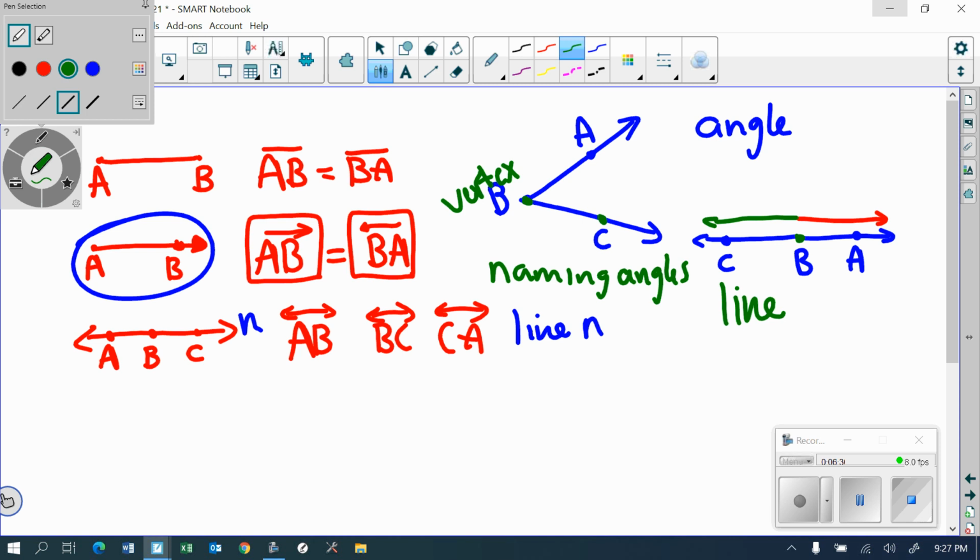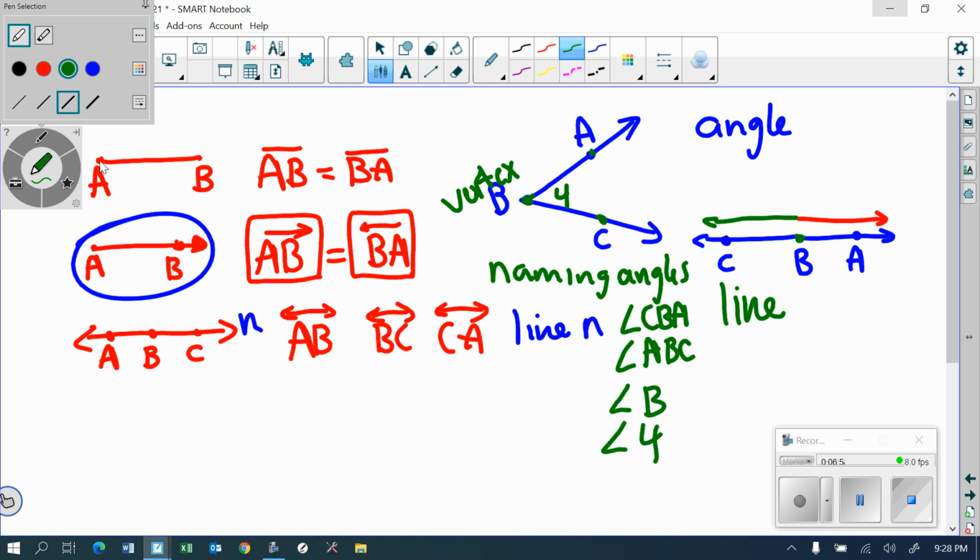So this can be called angle CBA. I could switch the order. This is the angle symbol, by the way, right there. I can call it angle ABC. Since there's only one angle in this drawing itself, I could call it angle B. And lastly, if they put a number there, I could call it by that angle number, angle 4, for example.